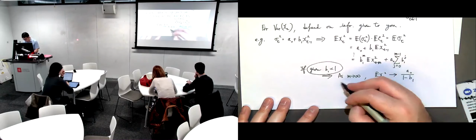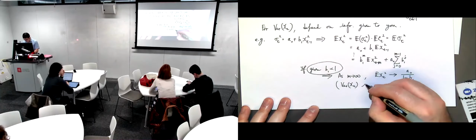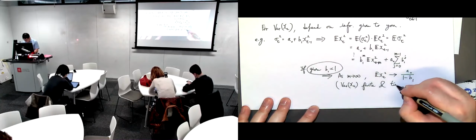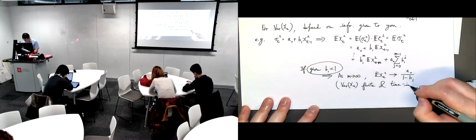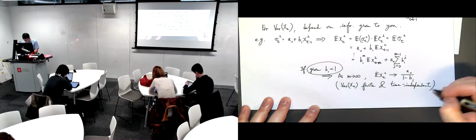That means it goes back to minus infinity, so you can confidently take m goes to infinity. So then you prove that the variance of x_t is actually finite and time independent.